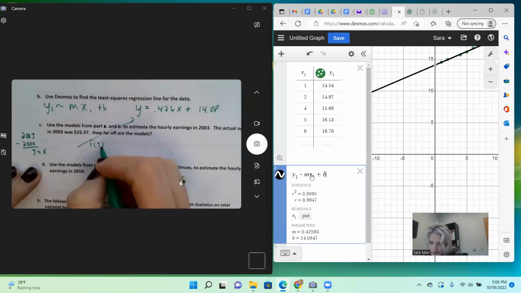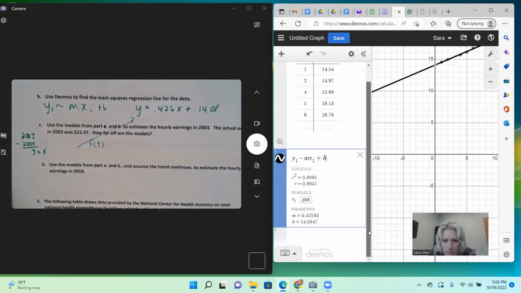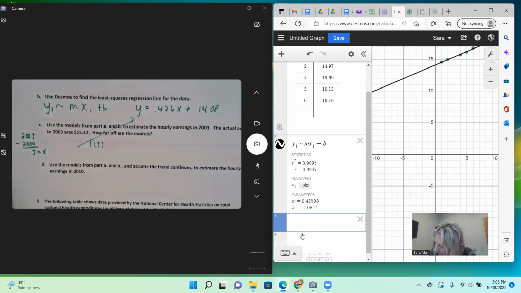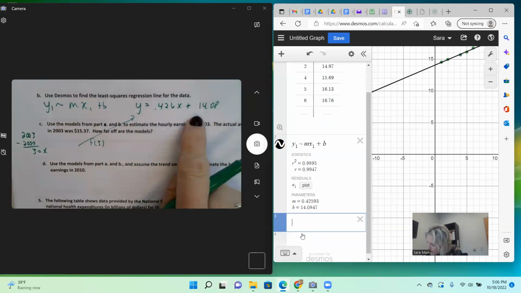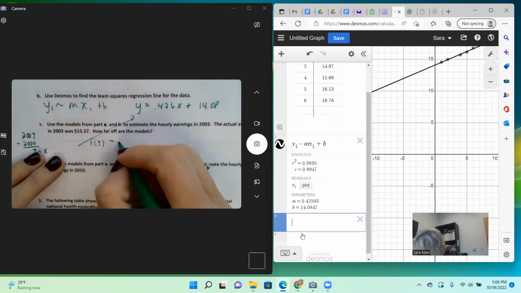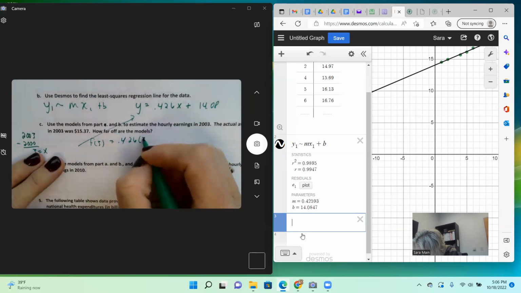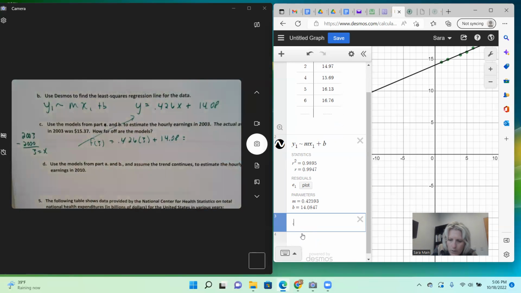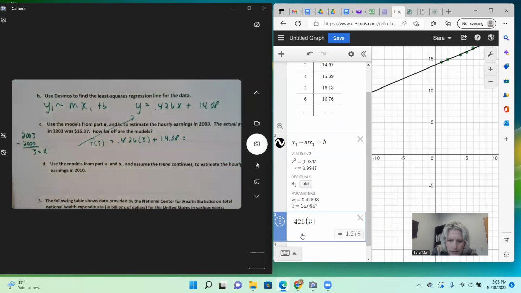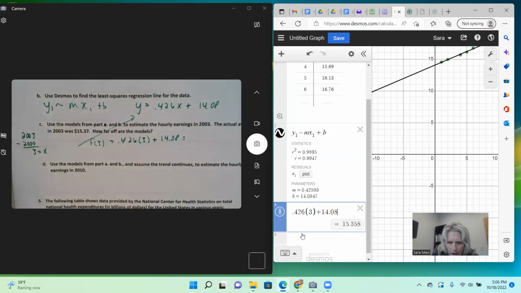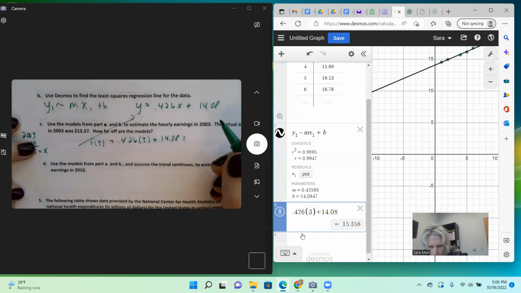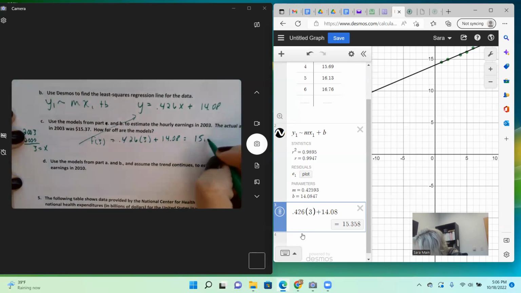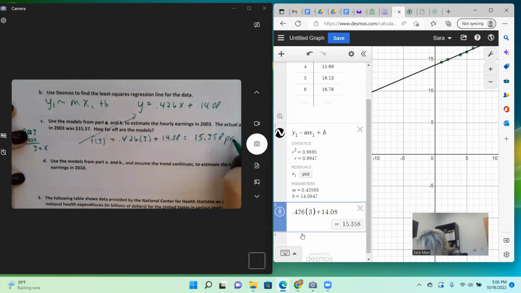So f of 3, I'm basically just replacing 3 into my equation up here that I got for my linear equation, which is 0.426 times 3 plus 14.08. So it's predicting that we would be at 15.358. And this is the predicted value.